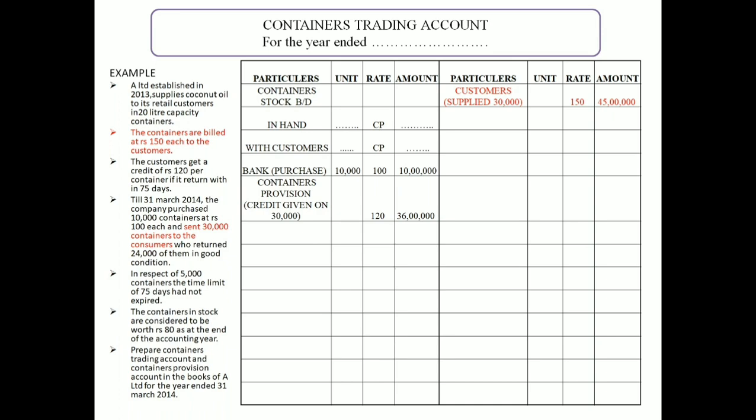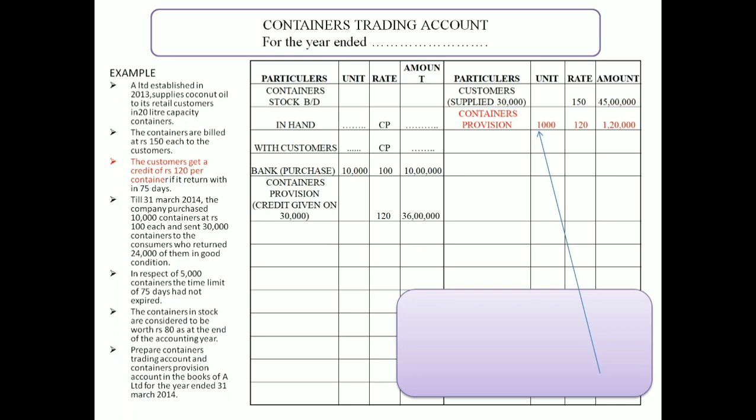Then 30,000 into 150 is 45 lakhs. So for the 30,000 containers provision you used the RP, and here we are multiplying with the charge out price, that is 150, which gives 45 lakhs.